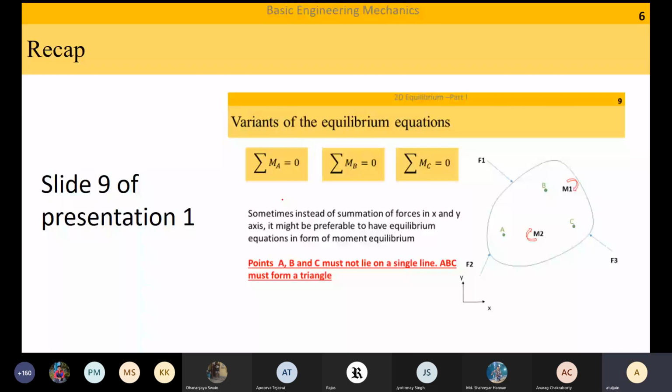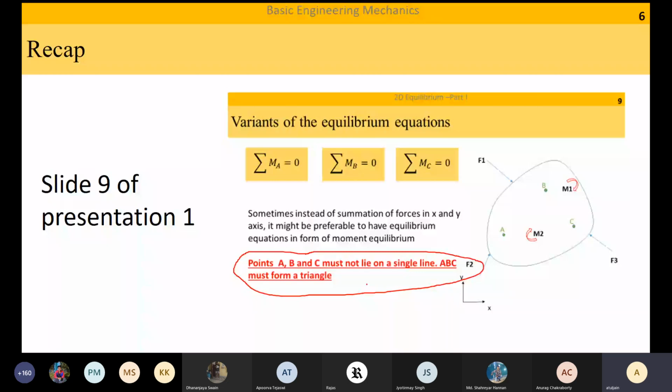Now, what is the reason behind this? How can this justify equilibrium, and why will MA is 0, MB is 0, MC is 0 guarantee equilibrium if and only if A, B, and C do not lie on a single line? Let us try to prove this.